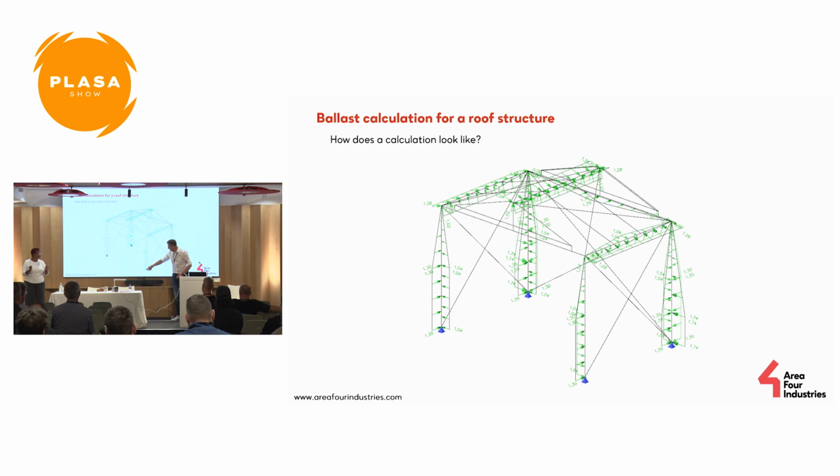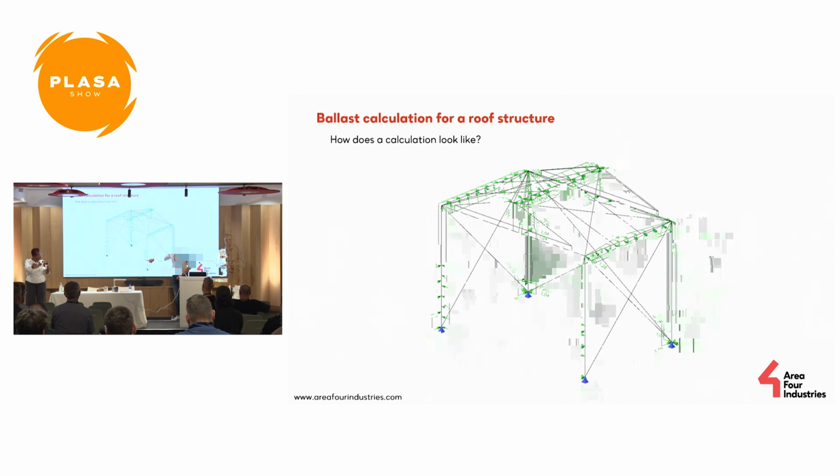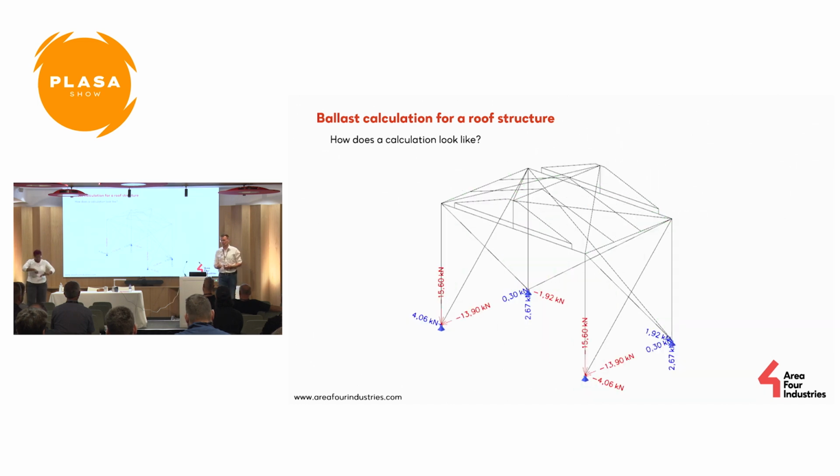And this is why there are support forces down at the bottom at the bases, because it is a static rule. As soon as you have an action imposed on a structure, it causes a reaction.